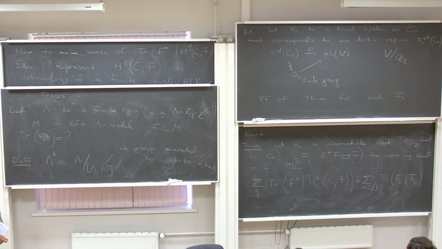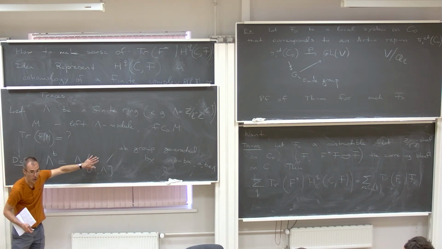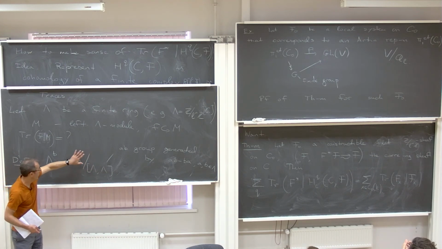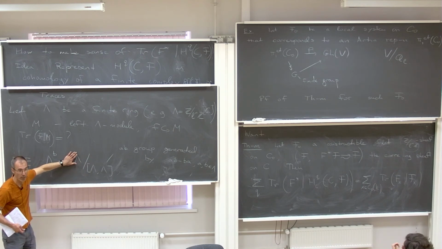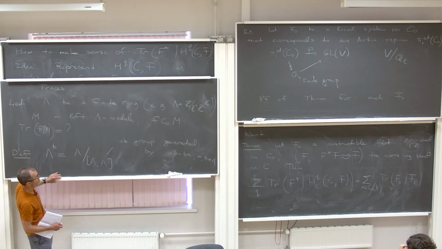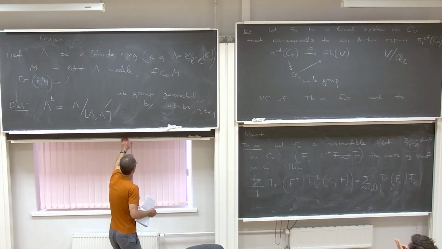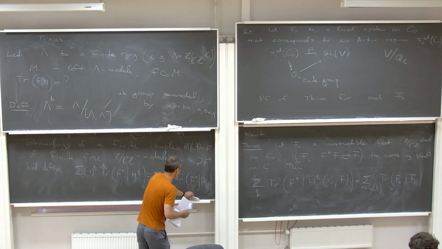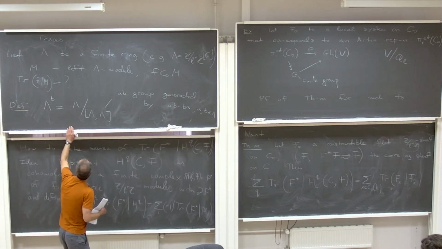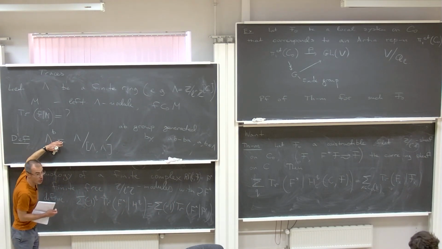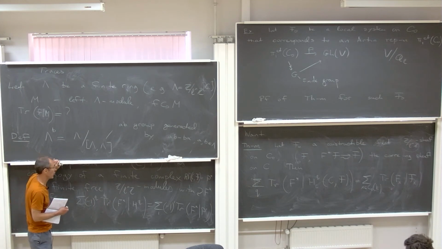Right? So it's not closed under multiplication, it's not at all an ideal. So this is just an abelian group. It's not a ring. We are going to define traces with values in this quotient, in this zero Hochschild homology.